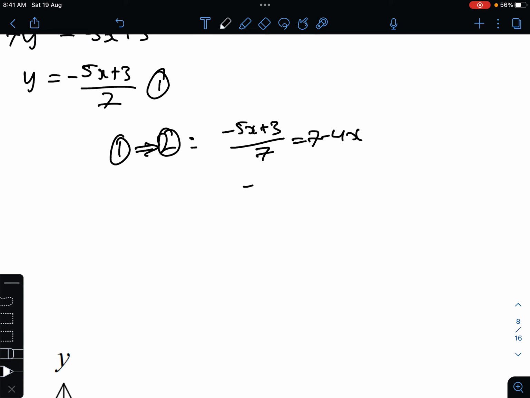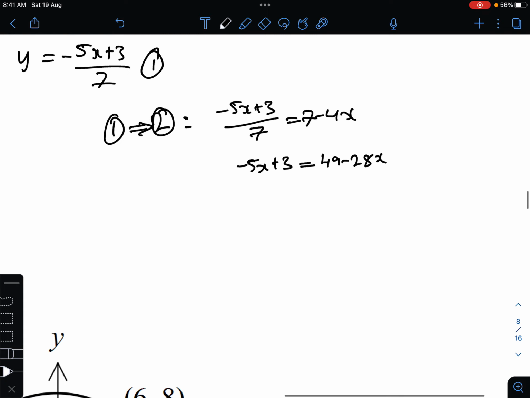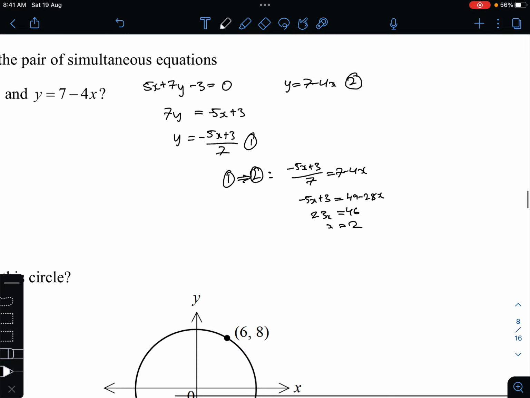This is all just algebra, so I'm not really explaining much, because you should know how to do it. 49 minus 28x. Obviously, the speed doesn't necessarily have to be there. You'd prefer to be precise with it and make sure you don't make any mistakes. But you do want to get fast eventually, to save time on the paper.